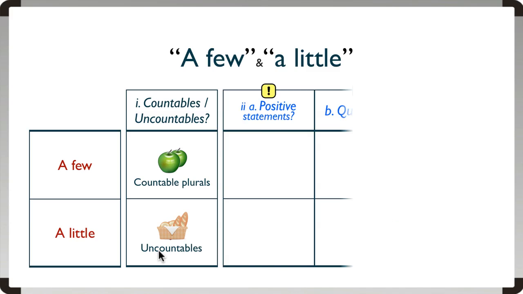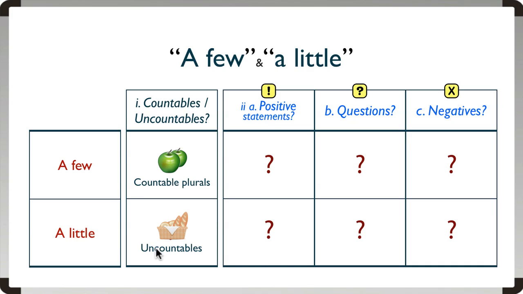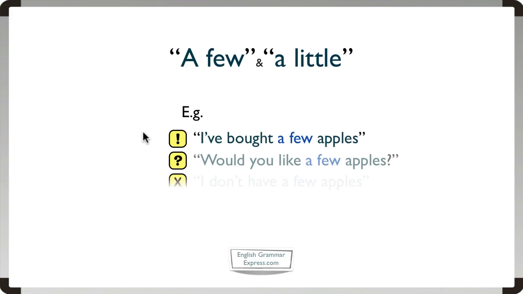Let's now look at how a few and a little work with positive, question, and negative sentences. Starting with a few, let's have a look at 3 example sentences in the positive, the question, and the negative. First sentence, I've bought a few apples. Does this work in the positive?